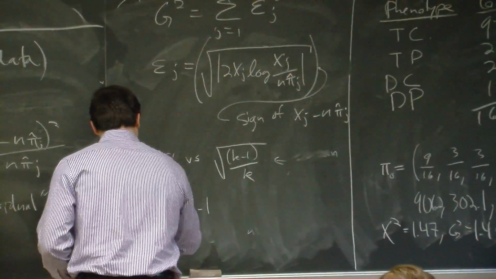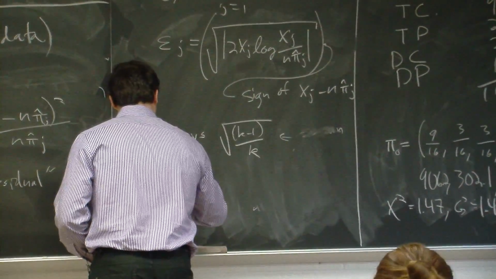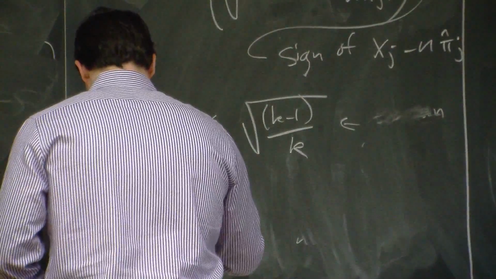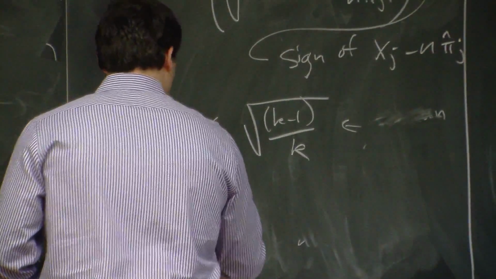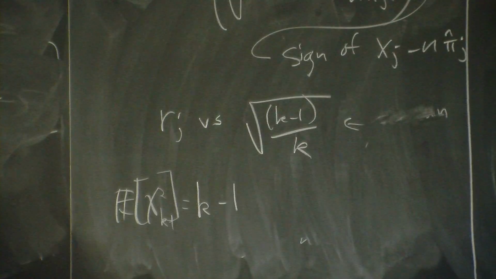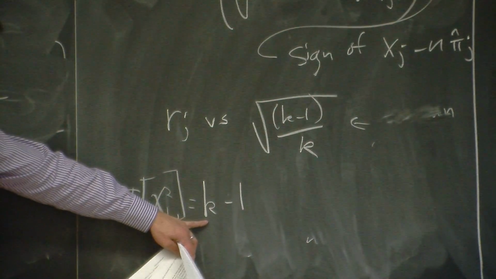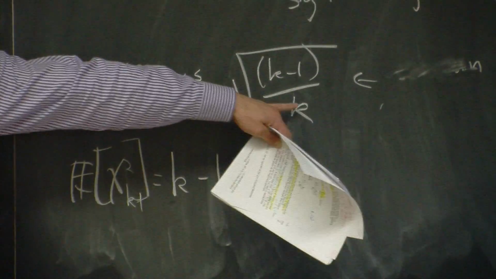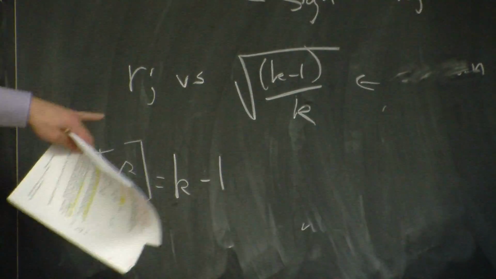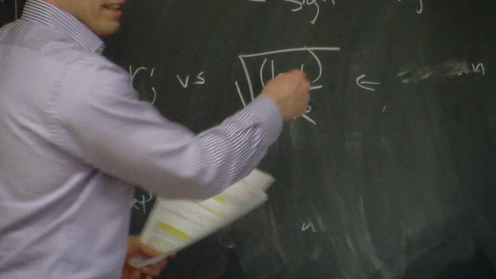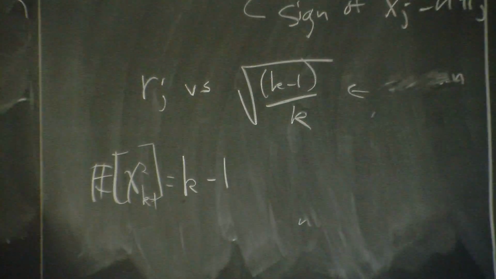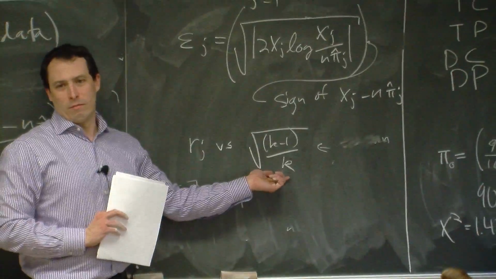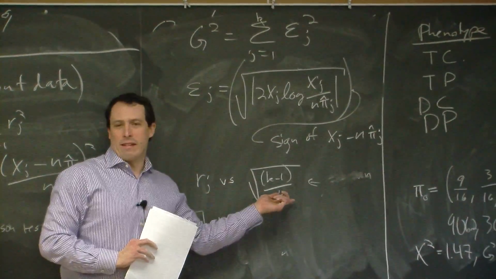The expectation of a chi-squared with k minus 1 degrees of freedom is just k minus 1. So the expected value of chi-squared is k minus 1, and to scale that to the residual contribution, we divide it by k and then take the square root. So this is the expected value of each residual, and we compare it to that.